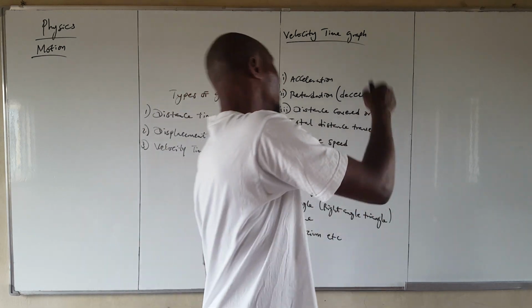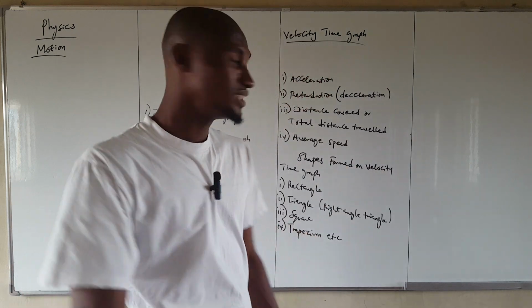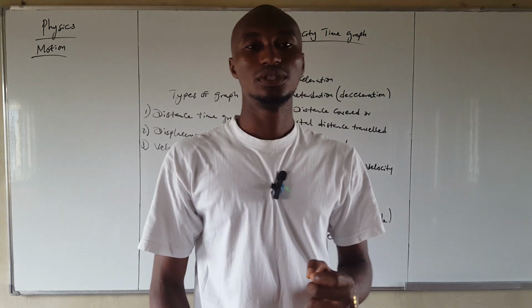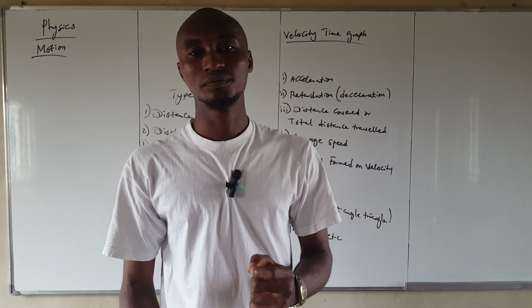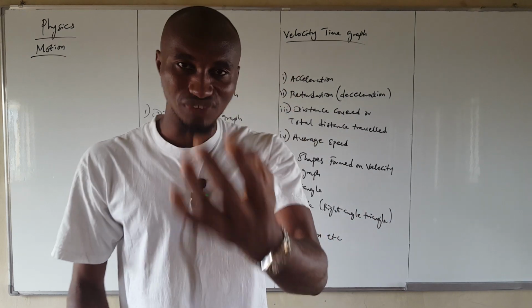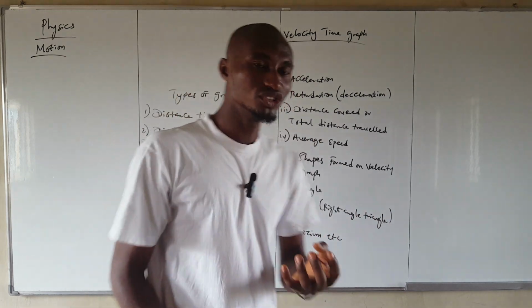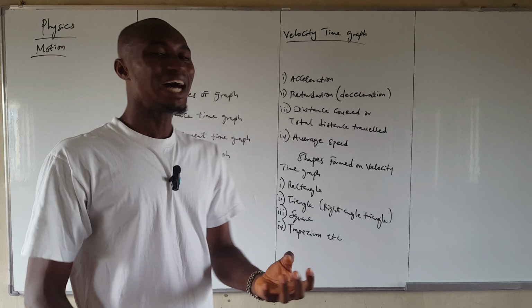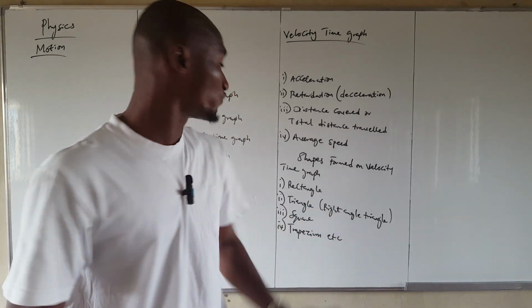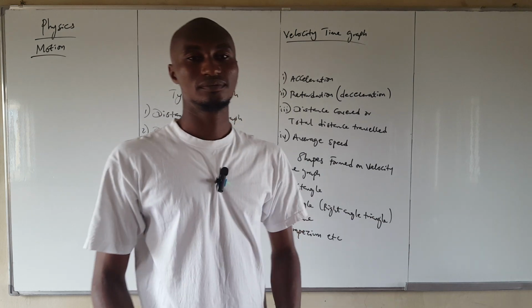So to find the total distance traveled or covered, you are going to deduce that particular information from the shape. You can never ascertain the distance traveled if you don't have the ability to understand the shapes formed on the velocity time graph.